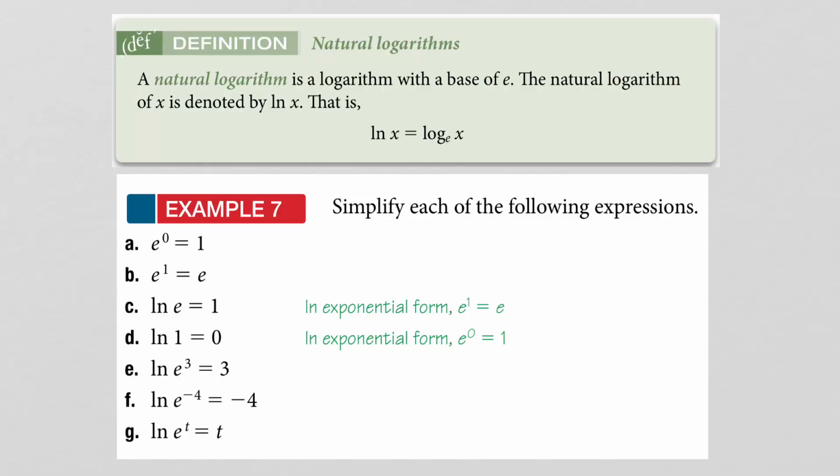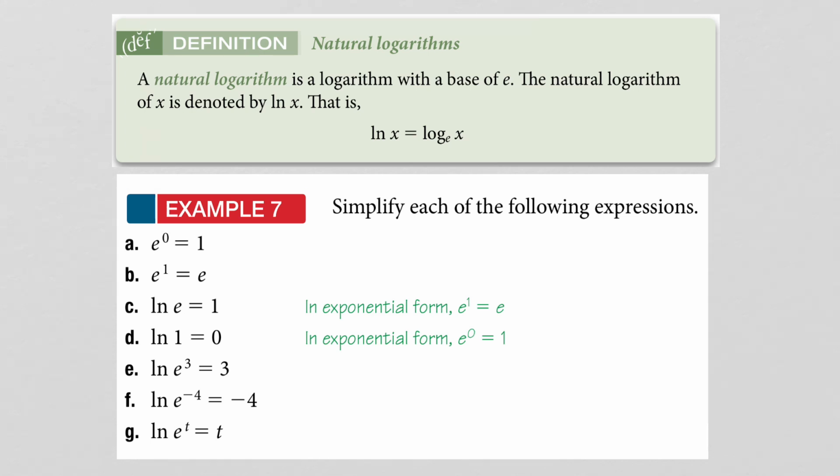Next, we define the natural logarithm. A natural logarithm is a logarithm with a base of e, where e is the special number approximately 2.72. Whenever we deal with a natural logarithm with this base e, we write the logarithm as the natural log, and we use the abbreviation ln to represent the natural log.